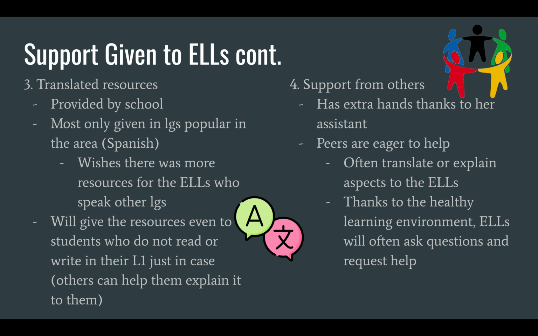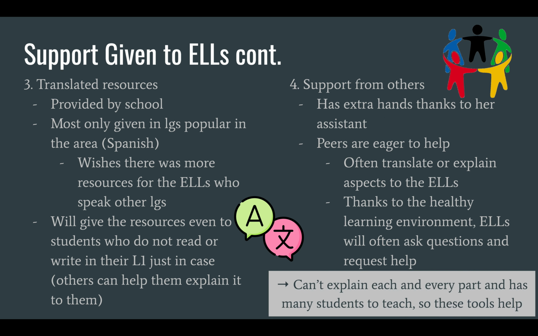They'll often translate things or explain aspects to these ELLs, and the ELLs are also very willing to ask questions and request help from anyone. But yeah, just a little overview. As one teacher having to teach, I think she said there were 25 to 30 students in her class. It's hard to explain each and every part of something or tailor to every student. So all of these support options really do help.